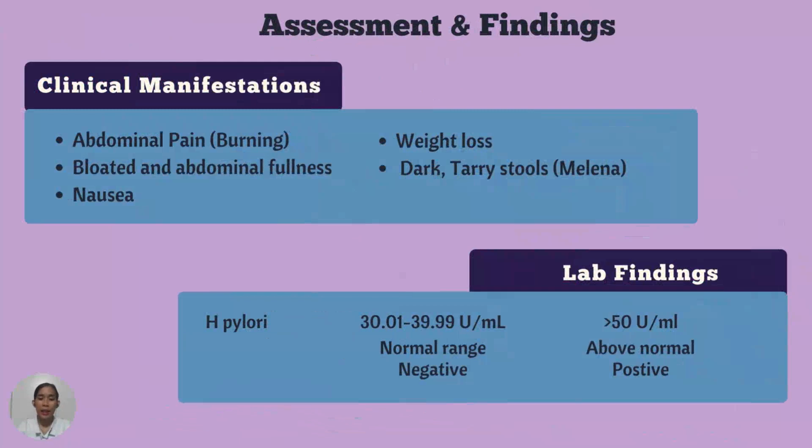Okay. Clinical manifestation. We have symptoms of abdominal pain, having a burning sensation. A person with duodenal ulcer will most likely feel pain when they don't eat 2 to 5 hours after their last meal. When they eat, the pain is relieved. There is also bloating and abdominal fullness.